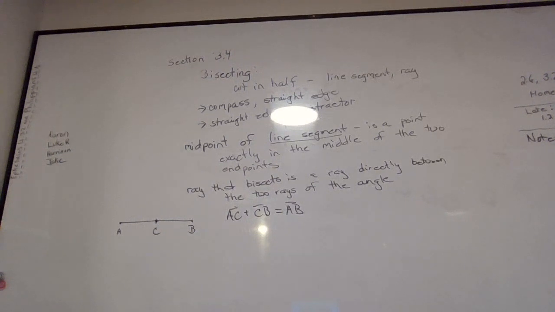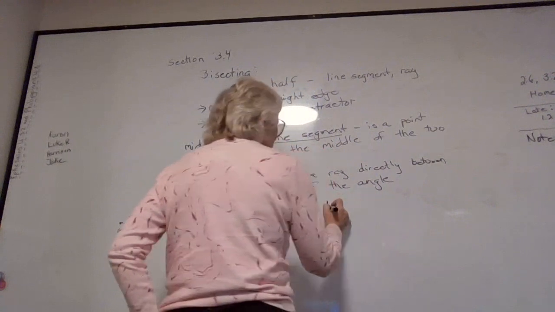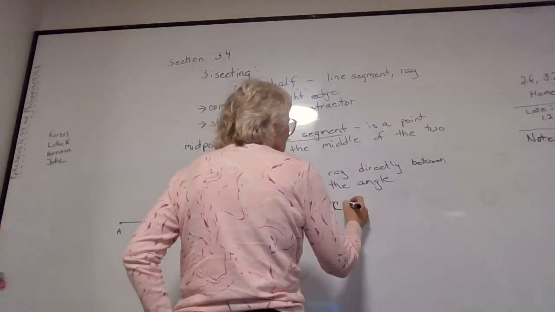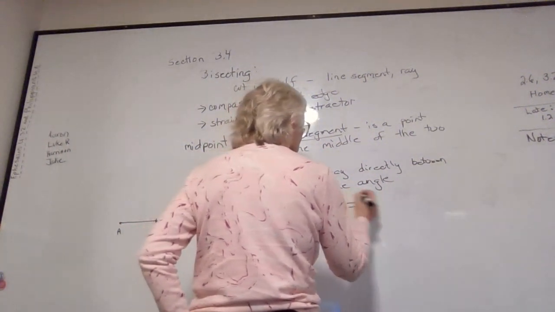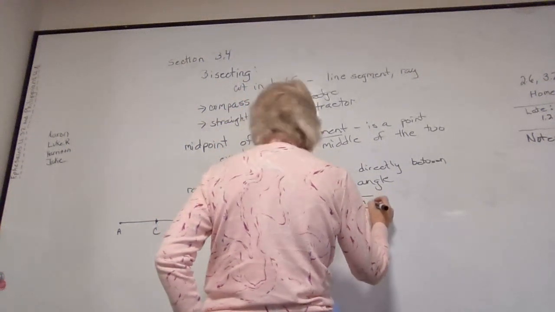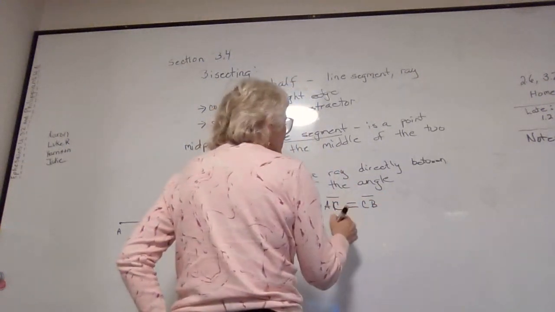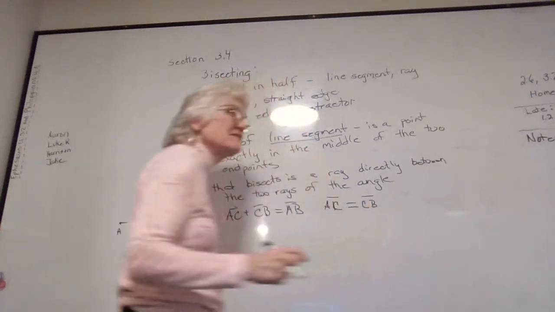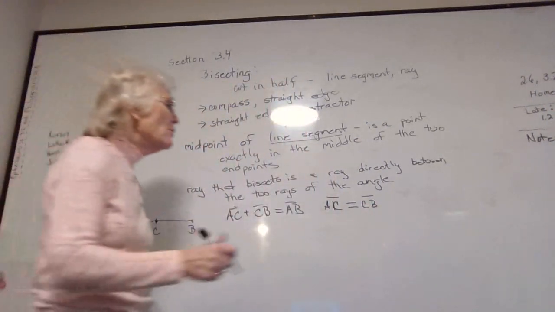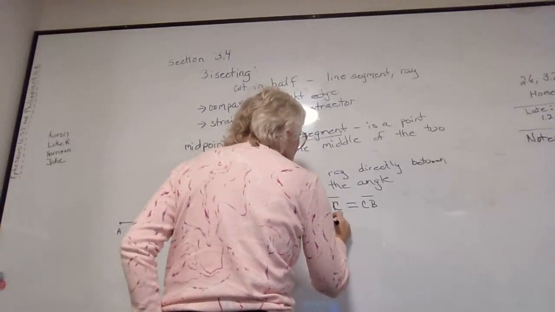Well, they're the exact same. They're exactly the same. AC is equal to CB. When they're exactly the same, we call it congruent.